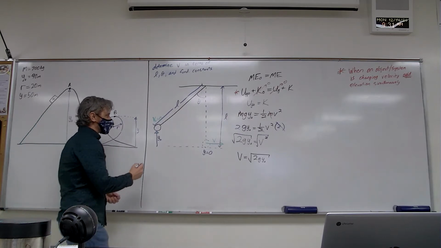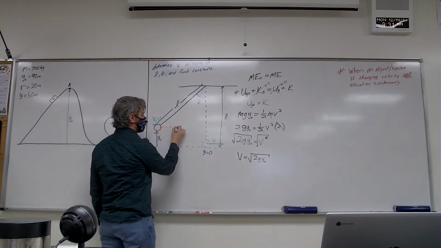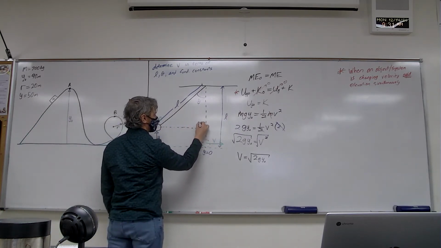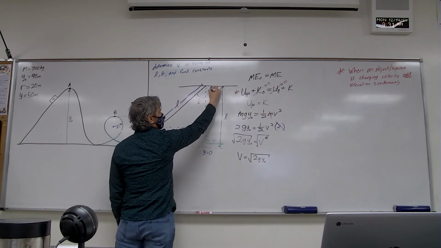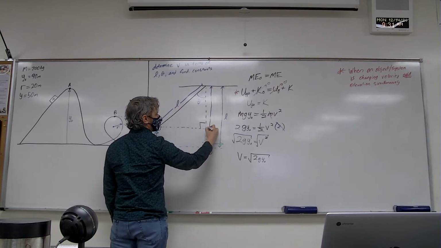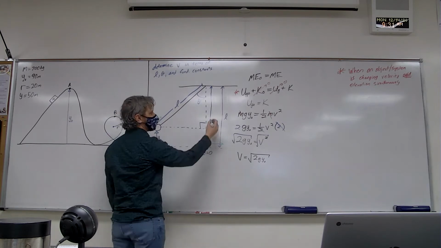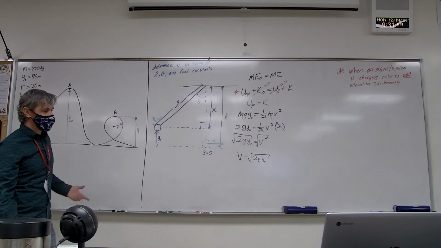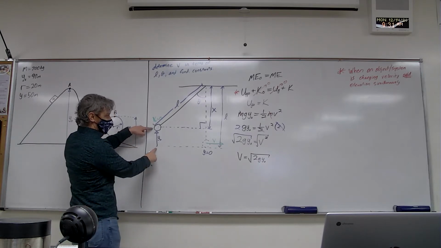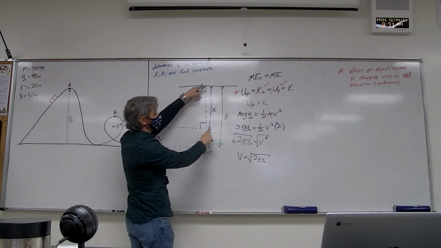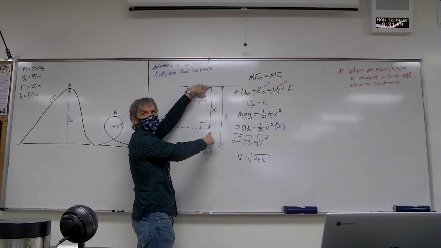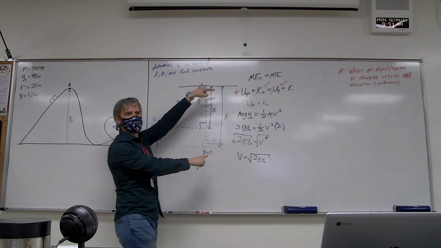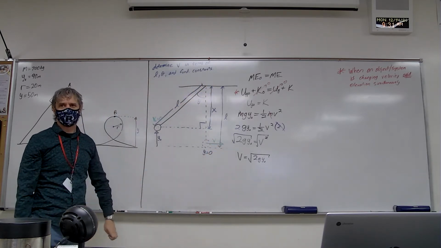And then I can make a right triangle here by doing this. And I can use that right triangle to figure out what this distance is. Let's just call it some variable, let's call it x. And then I can realize that whatever the initial height is, plus that distance, which I can determine, equals the length of the pendulum, which can be in our answer. Does that make sense?